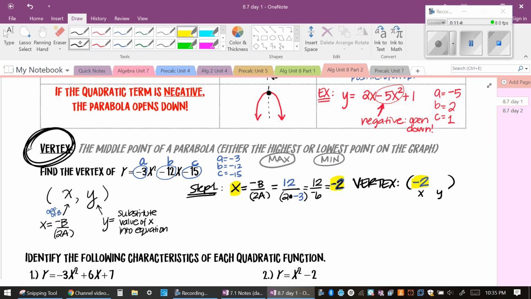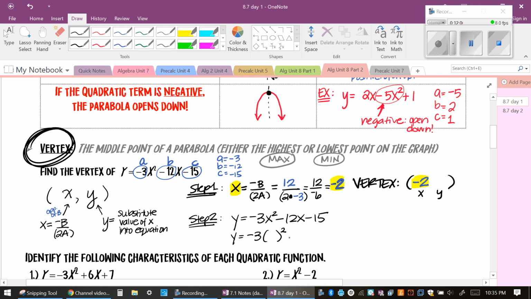Now I'm going to do step 2 of finding the vertex, which is take your equation and substitute your value of x wherever you see an x. Just make sure you use parentheses. So negative 3x squared minus 12x minus 15.